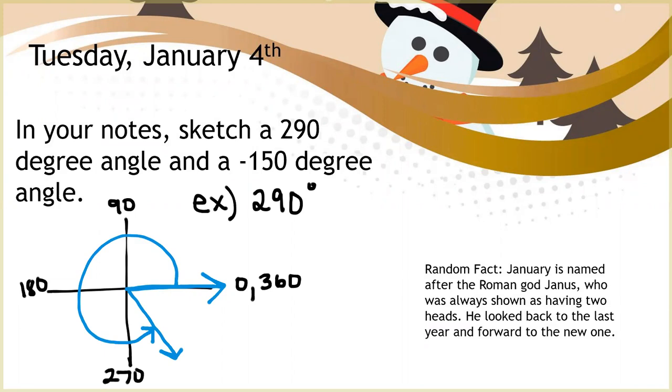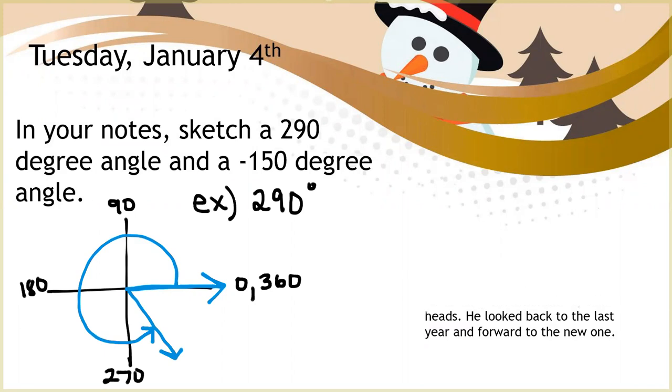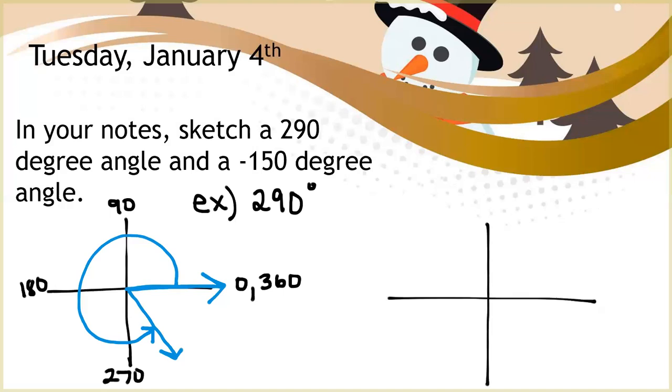If it is negative, we rotate clockwise. So for negative 150, we rotate clockwise. And when I'm numbering it, again, this is always your 0.